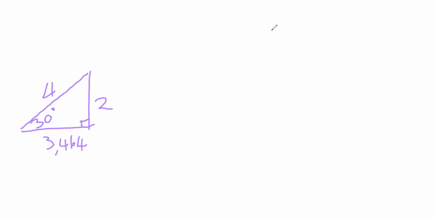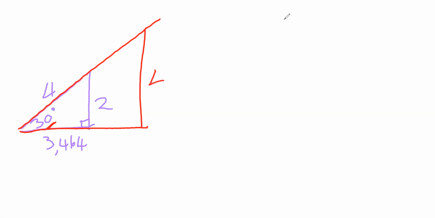Now, if we were to draw a bigger triangle, also with 30 degrees in this corner here, this vertex, we would see that this height now becomes 4, and this length here becomes 8, and this becomes 6.928.